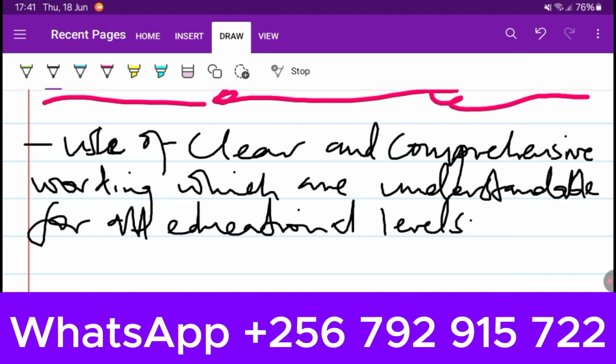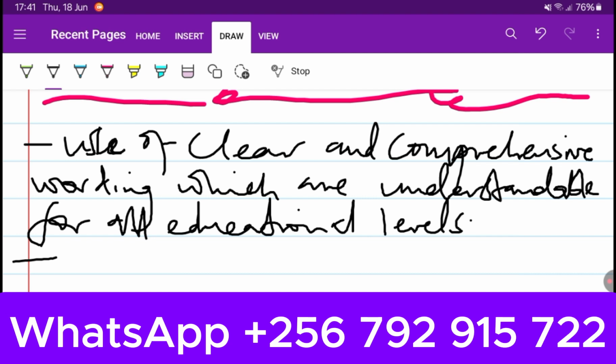Remember, people are going to receive some of these questionnaires when you are not there to explain what you meant. So, as you are formulating these questionnaires, make sure you use clear and comprehensive wording. You choose your words carefully and you are clear on what they mean, so that we avoid ambiguity, or having so many meanings, which may end up confusing the respondent.